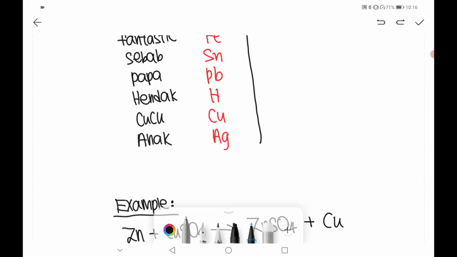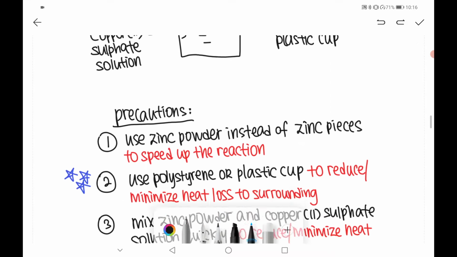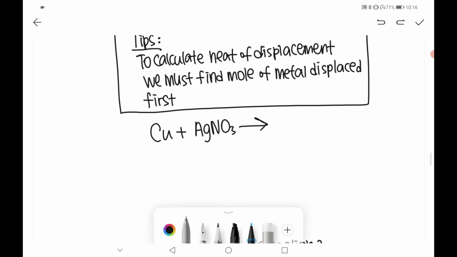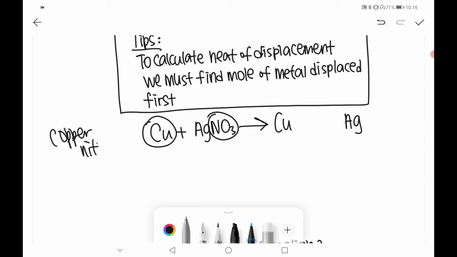So copper is the more powerful gangster, and copper will kick the silver out. Then copper will take away the nitrate. Don't just join Cu and NO3 together like this. The copper will take the nitrate away to become copper nitrate.